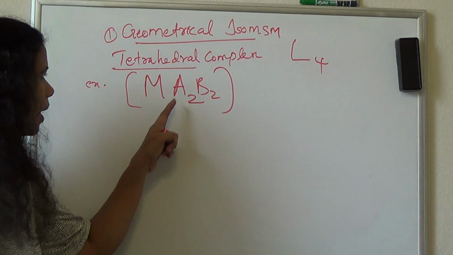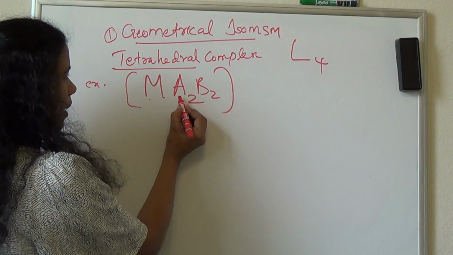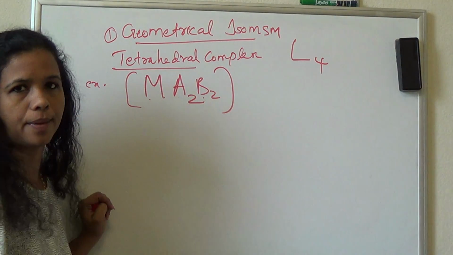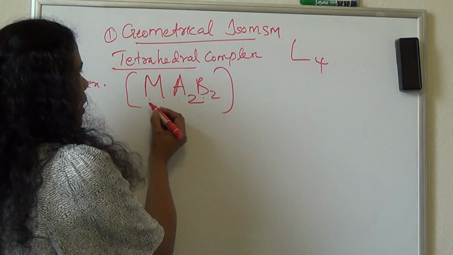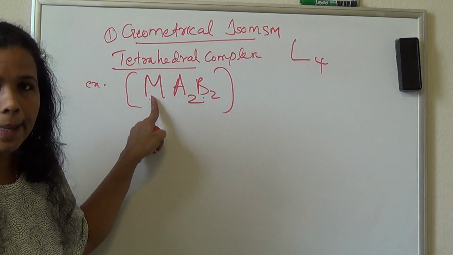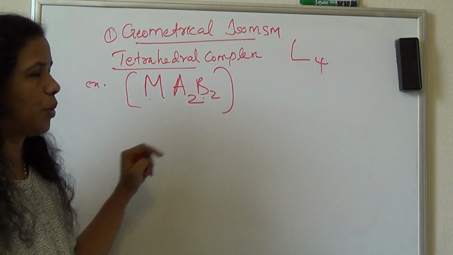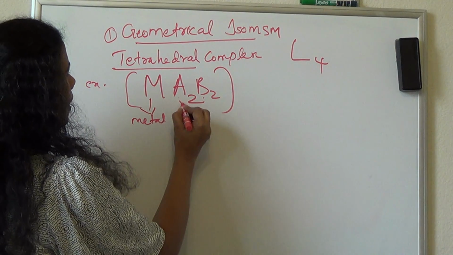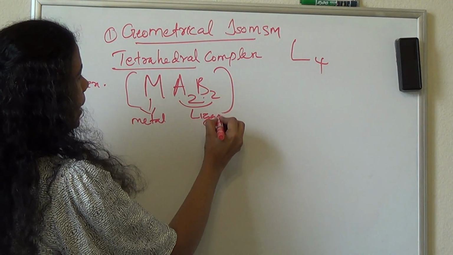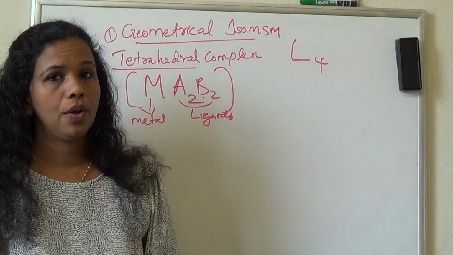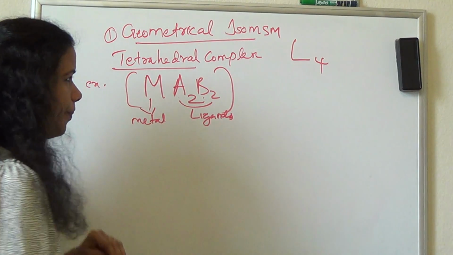That means this is a metal, 2 different types of ligands, total 4 ligands. This type of complexes, that is complexes with the general formula Ma2B2. M is the metal and these two are ligands, and they must be different. If they are same, they will not show geometrical isomerism.